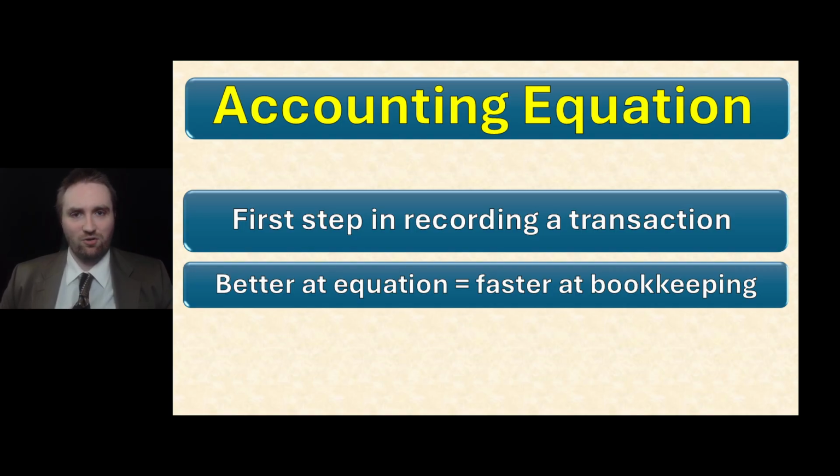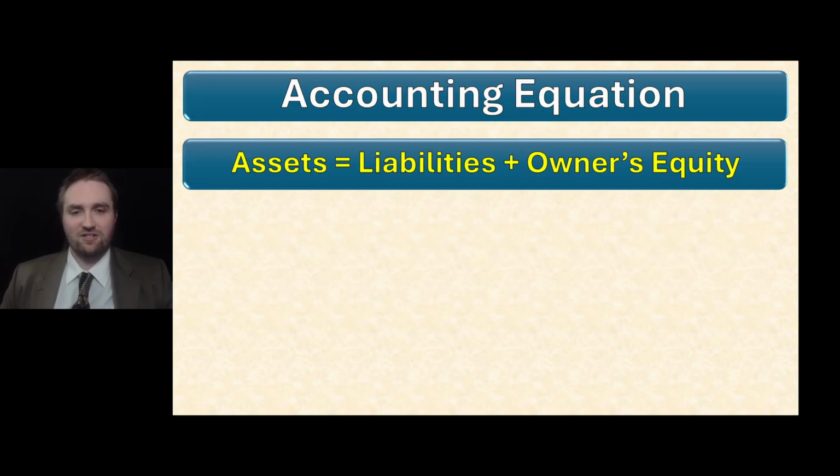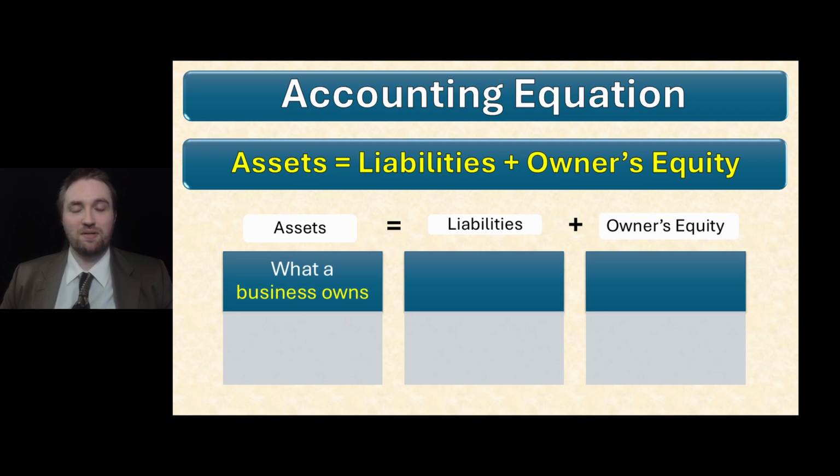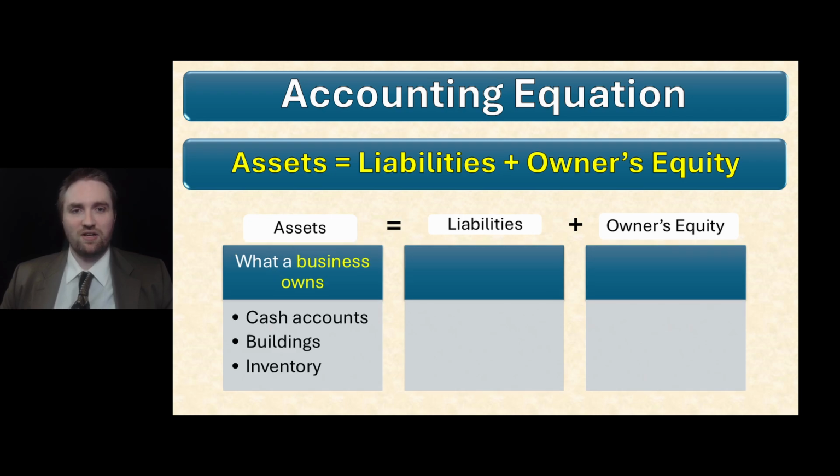So, the accounting equation. The accounting equation is this. Assets equal liabilities plus owner's equity. Let's break that down. Assets are what a business owns. These are things like cash in business accounts, buildings in the business's name, inventory, and so forth. Liabilities are what a business owes.